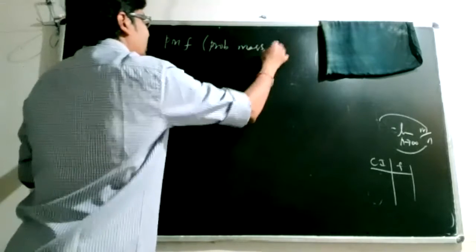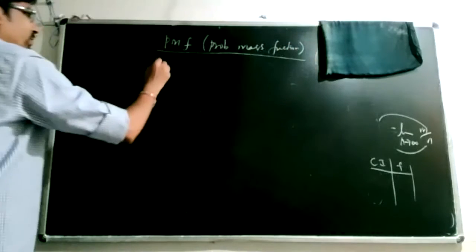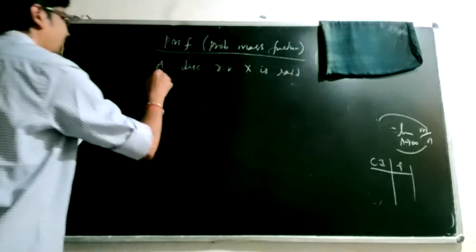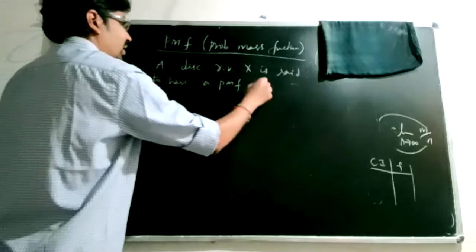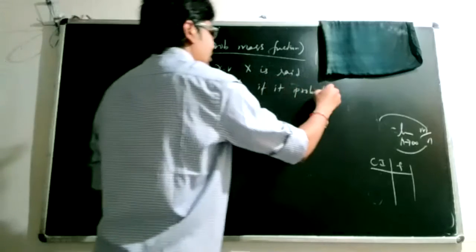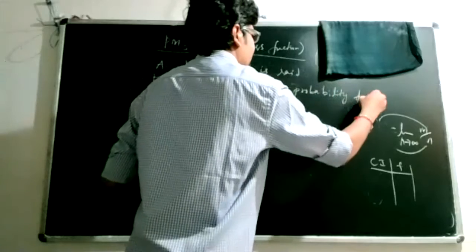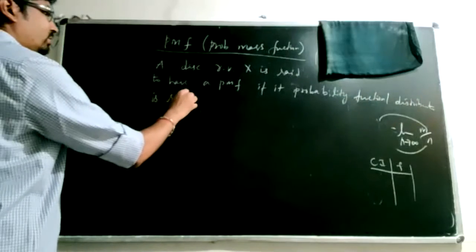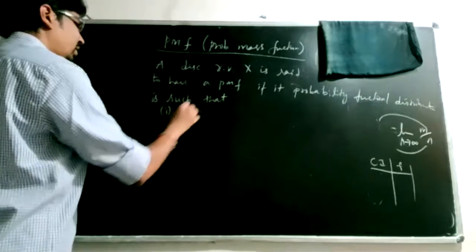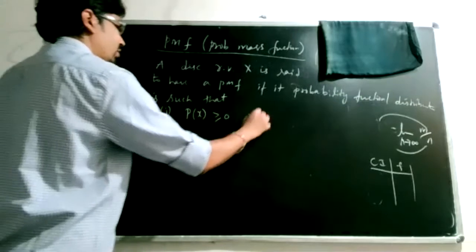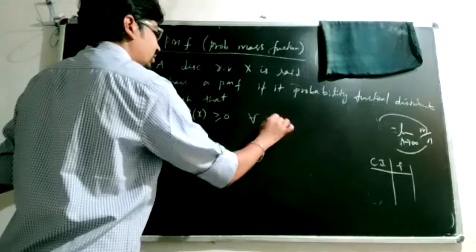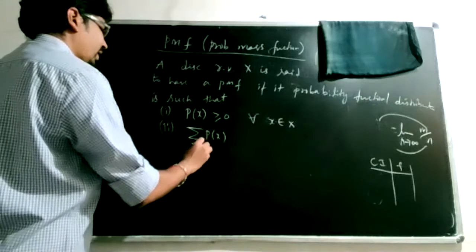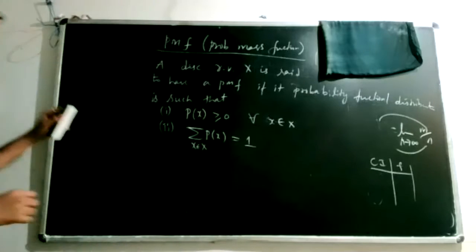A discrete random variable x is said to have a PMF if its probability function or probability distribution is such that, first, p of x is greater than or equal to 0 for all x belonging to the range of x, and second, the total probability over all values of x is equal to 1. So this is the mathematical definition.